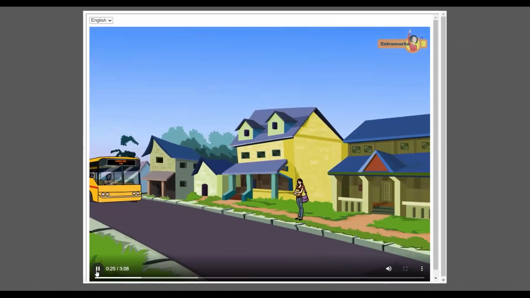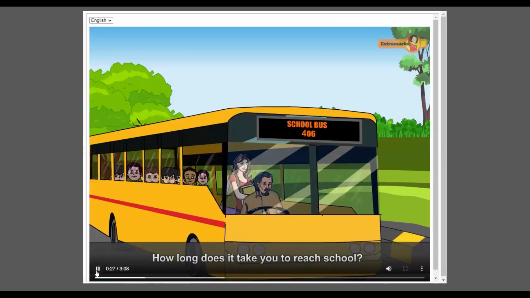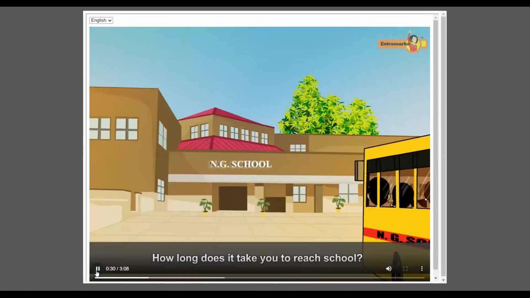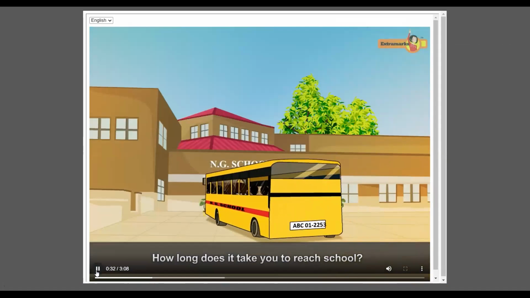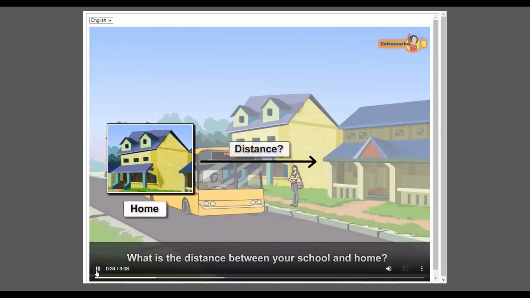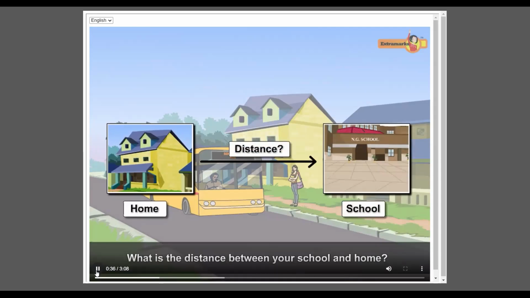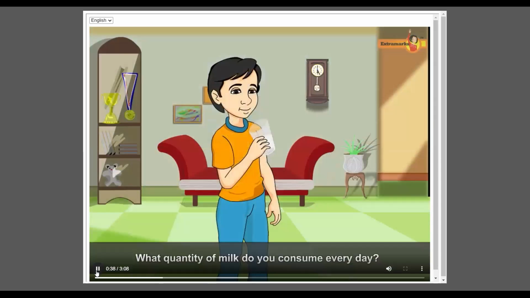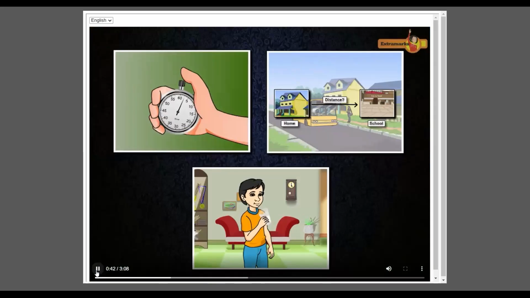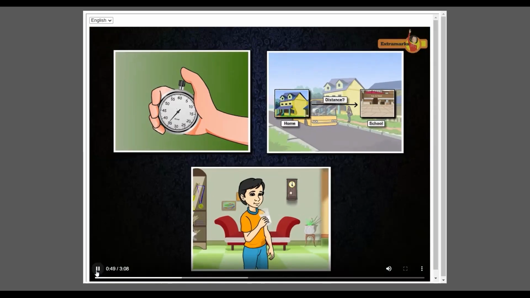For instance, how long does it take you to reach school? What is the distance between your school and home? What quantity of milk do you consume every day? The answers to all these questions require measurements of time, distance, and volume respectively.